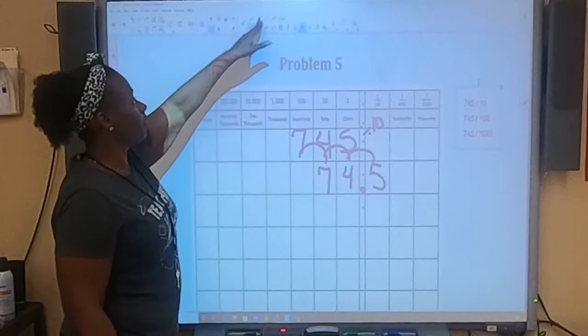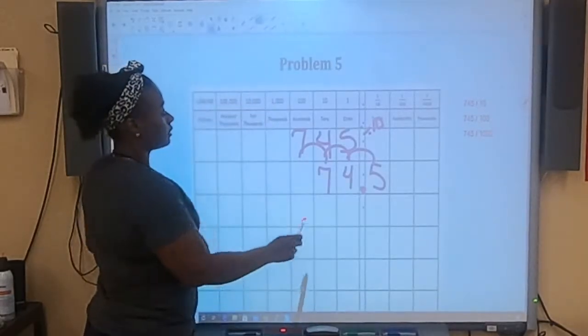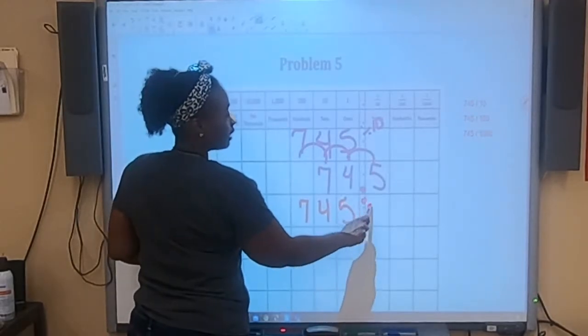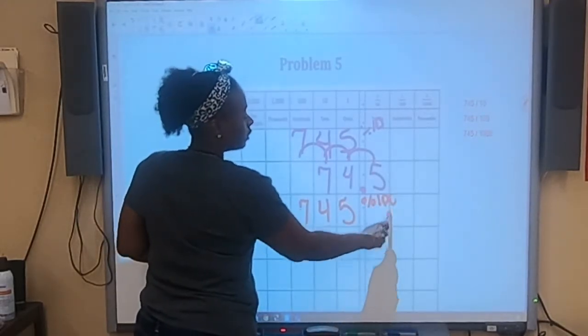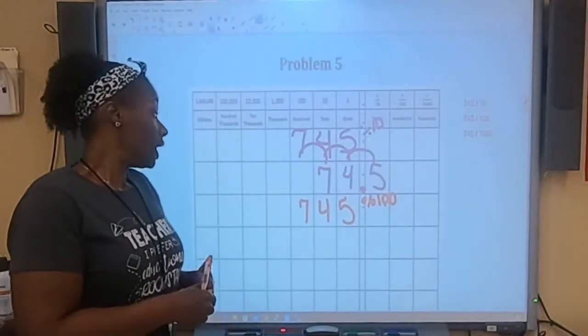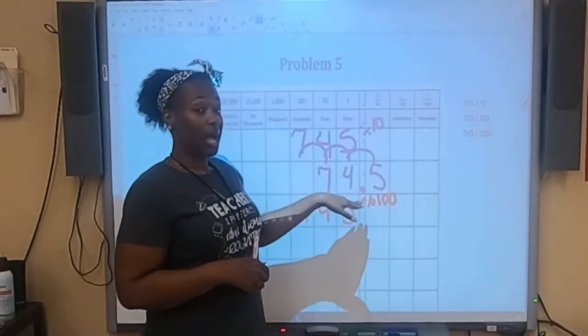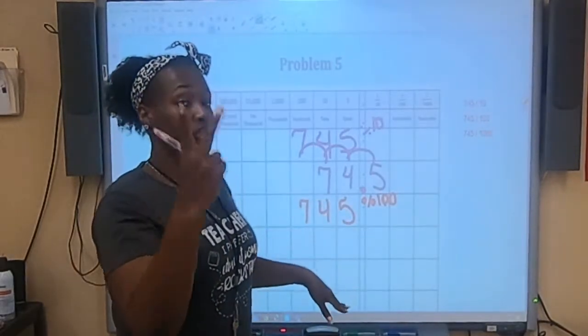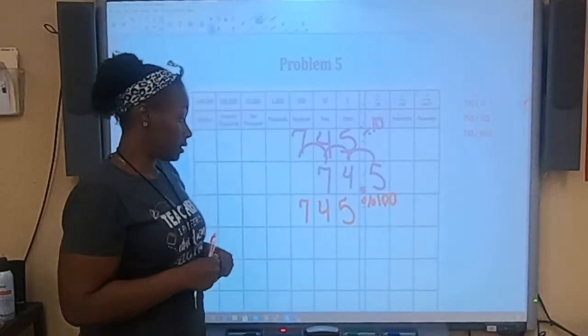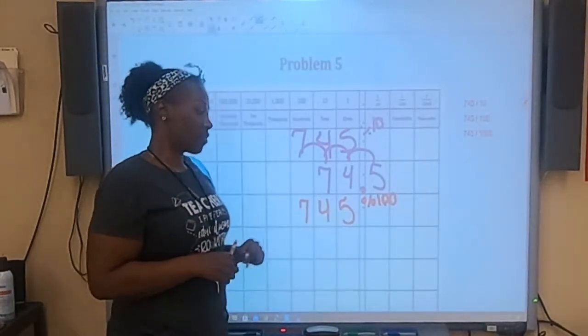Let's use that same number. And this time, 745, we're going to divide it by 100. Well, we already know that division takes us to the right. This time with 100, I don't have 1 zero, I have 2 zeros. So that means I need to move to the right 2 times. So each digit is going to shift right 2 times.